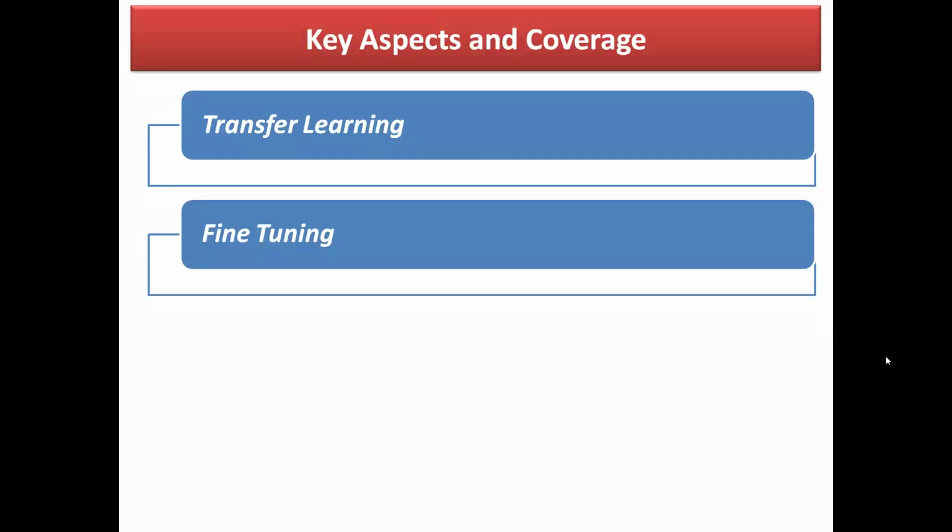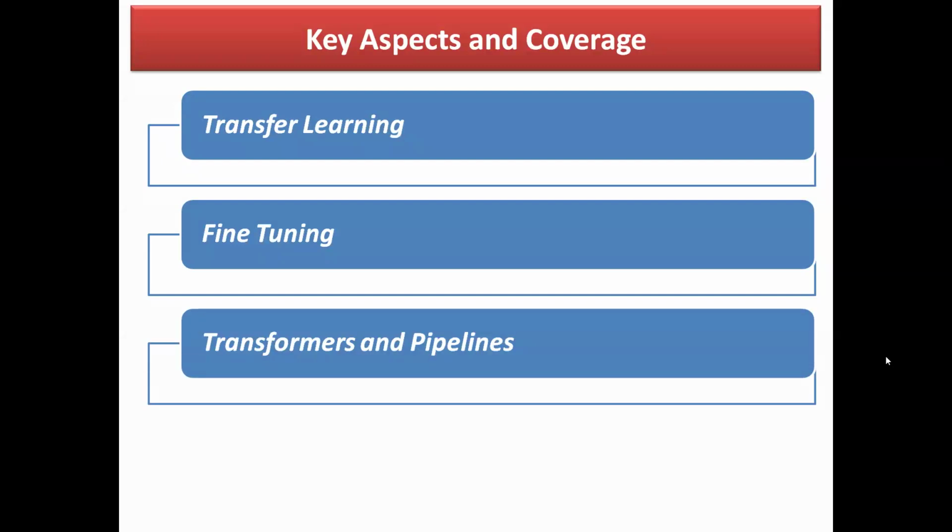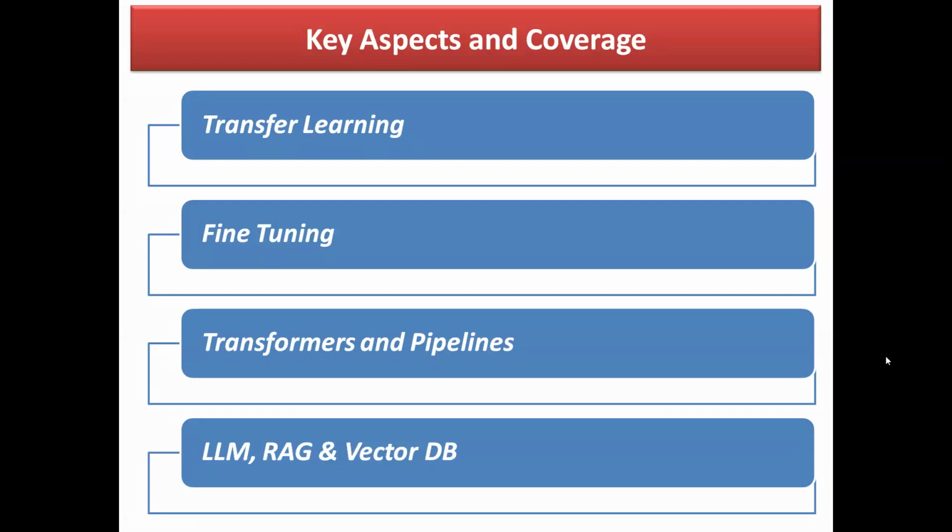Along with that, we will discuss very important concepts in computer vision and deep learning, like transfer learning and fine tuning of some particular models, fine tuning or transfer learning of pre-trained models.